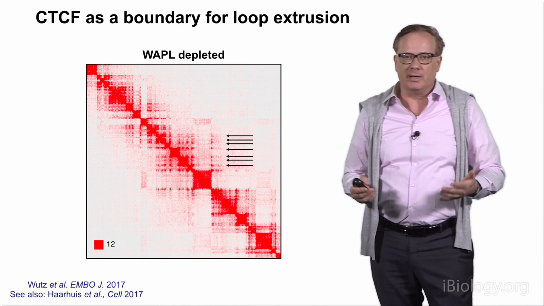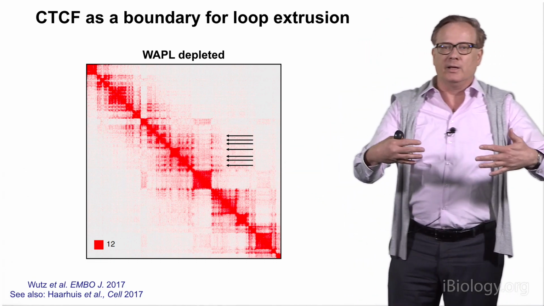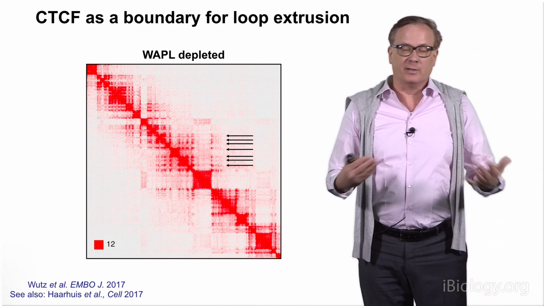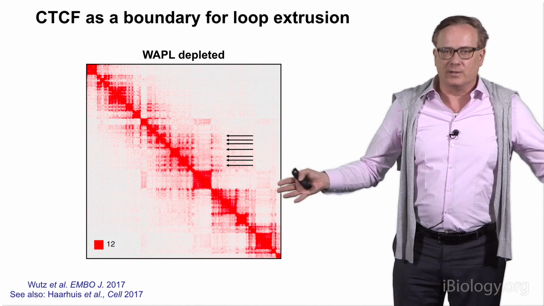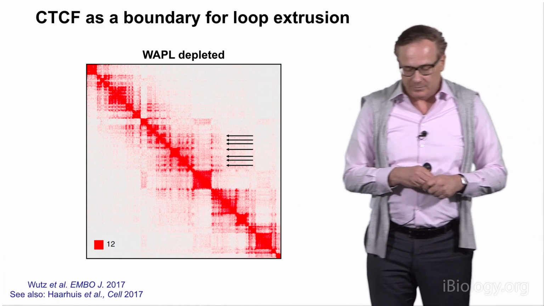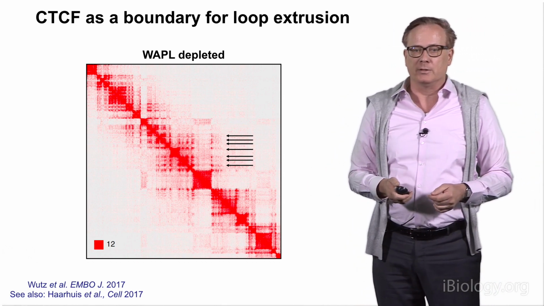So we think of them a bit like red streetlights in a traffic system where cars would accumulate in front of the red streetlight, but of course at some point the streetlight would switch to green and then the cars would move on. And maybe that's how cohesin analogously behaves with respect to CTCF as a boundary element.